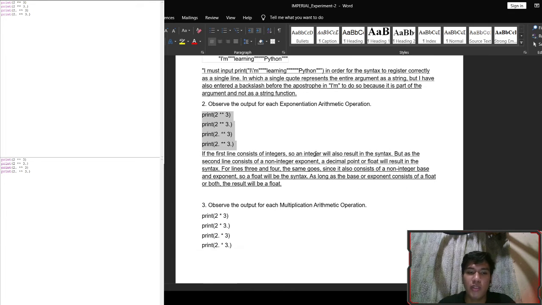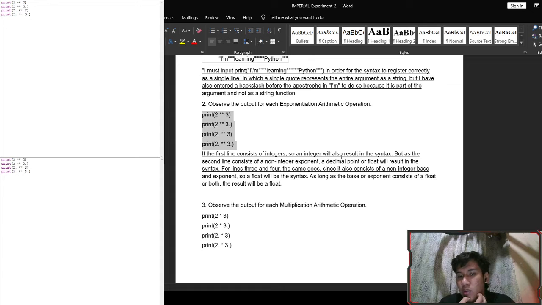So the observation here is the first line consists of integers, and an integer is also the result of the operation. But the second line, as I observed, has a non-integer exponent.